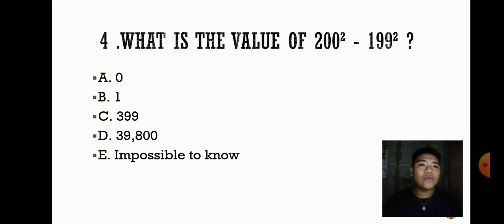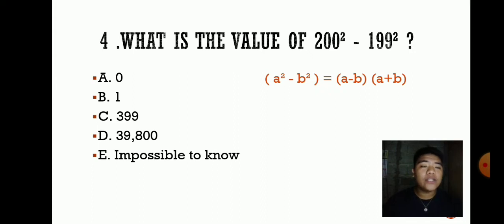When we solve this, we know the formula for the difference of two squares: a squared minus b squared is equal to a minus b times a plus b.